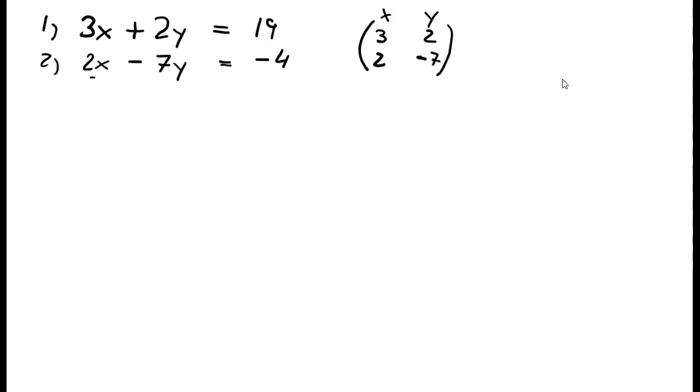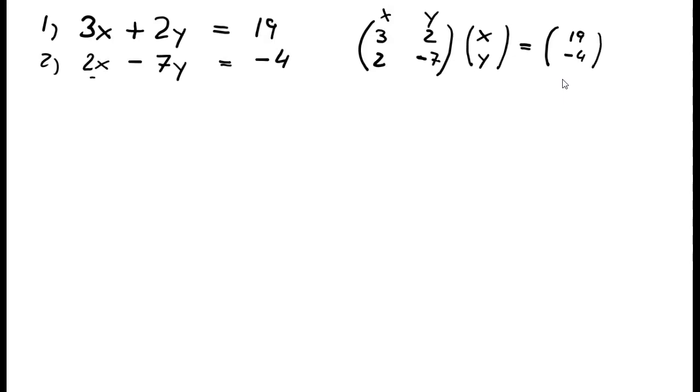And to make this equation complete, we would write x and y. These were our columns that we used. And we would also write the result matrix, which would be just simply the result, 19 and -4.